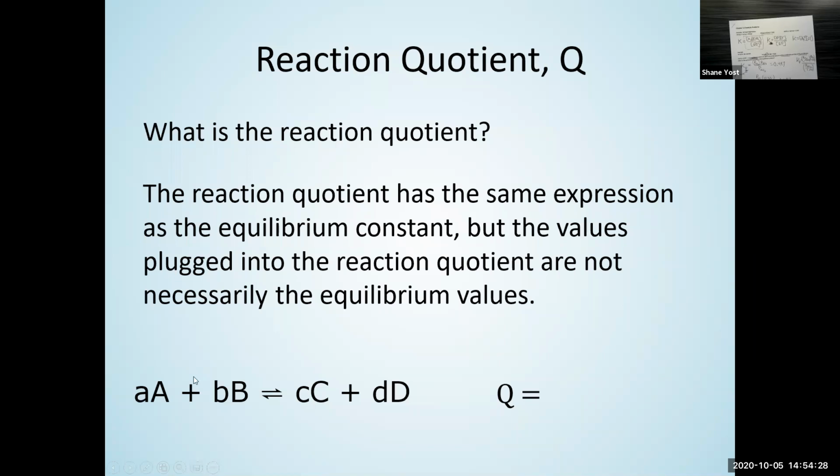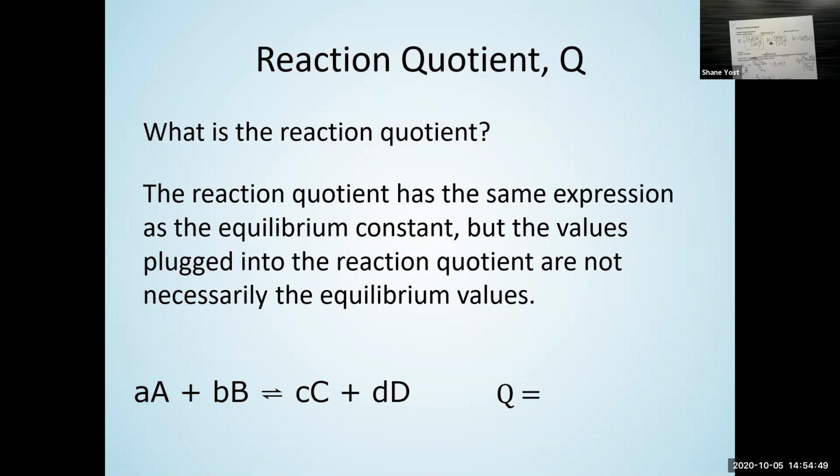So the reaction quotient Q has the exact same expression as the equilibrium constant K. How I write out Q equals is the exact same way as I write out K equals: products over reactants, raised to their stoichiometric coefficients, ignoring solids and liquids.